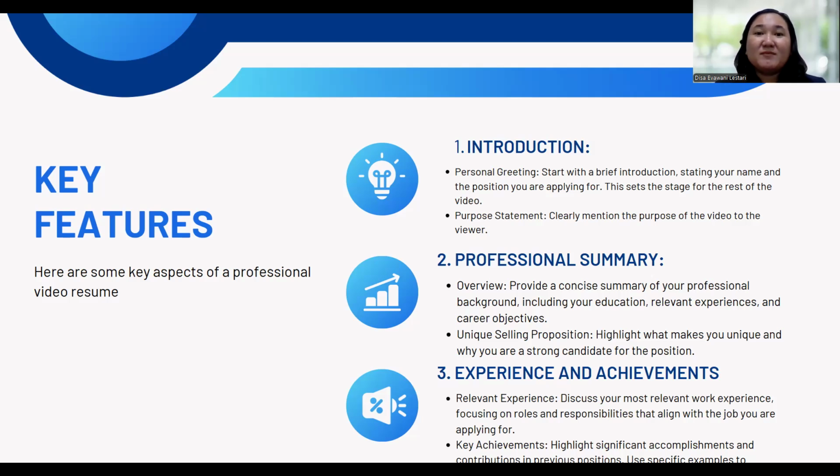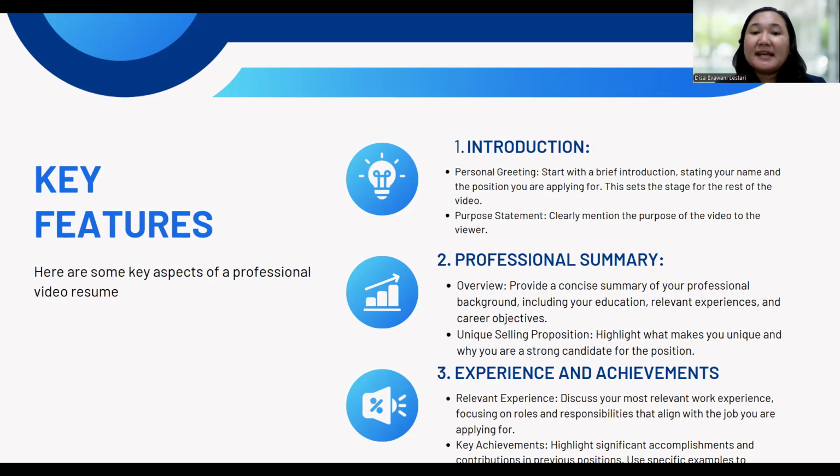But please avoid that. I know this happens a lot. Hello, my name is Disa Evawani Lestari, and go with that speed. We are familiar with our own names, but others are not. Make sure that they can catch what your name is.